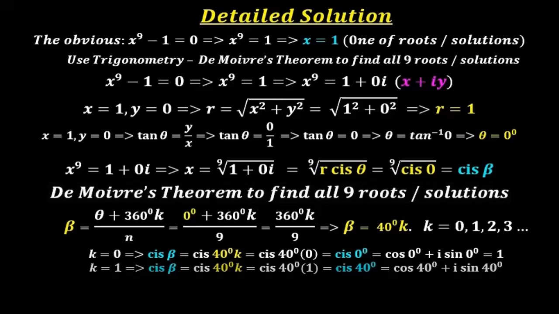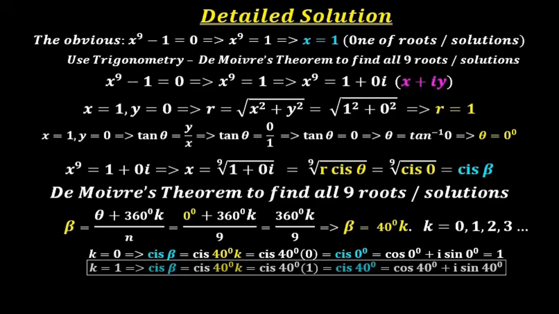When k is equal to 1, cis beta equals cis 40 degrees k, but k is 1, so cis 40 degrees times 1 is cis 40 degrees, that is cosine 40 plus i sine 40.